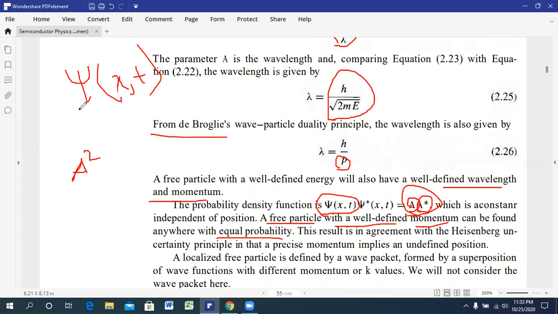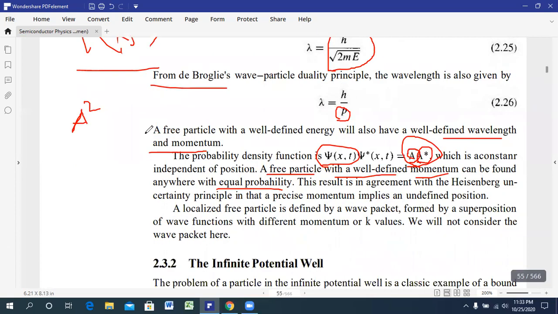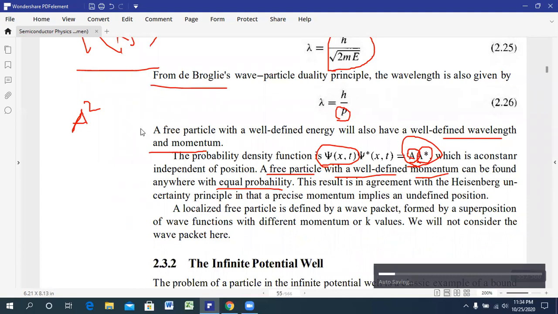So this doesn't mean the exact position or exact time. These determine the probability function, that means the probability of finding that electron. So we determined the probability for a free electron.